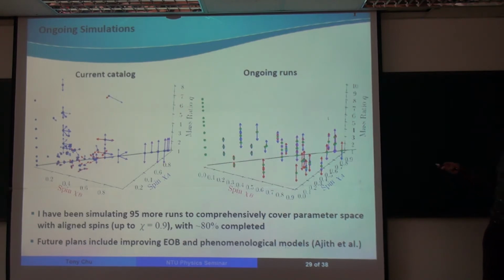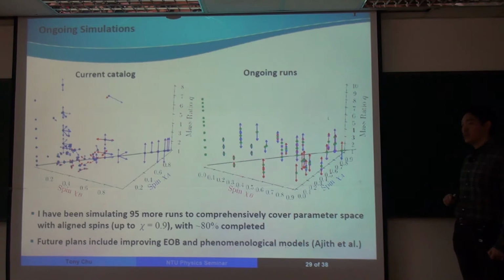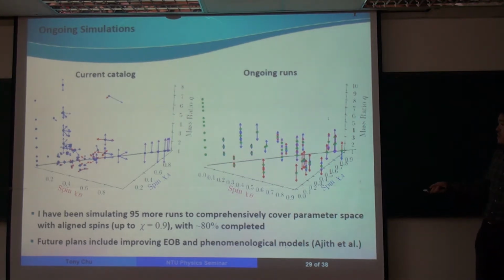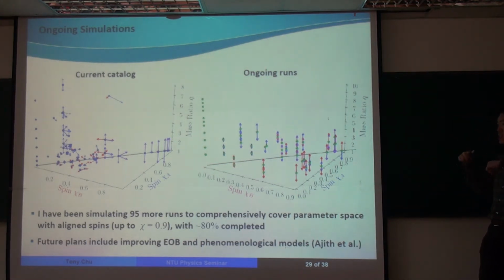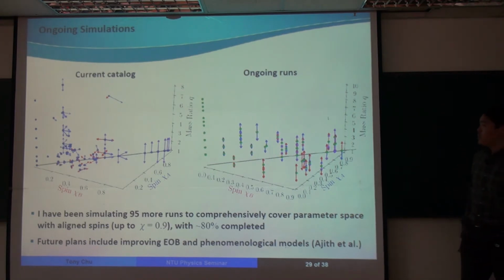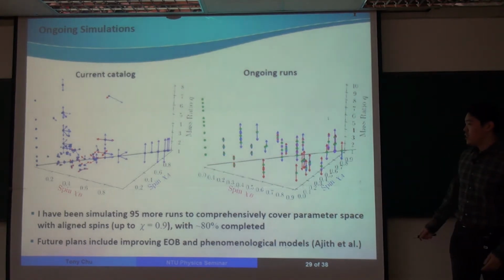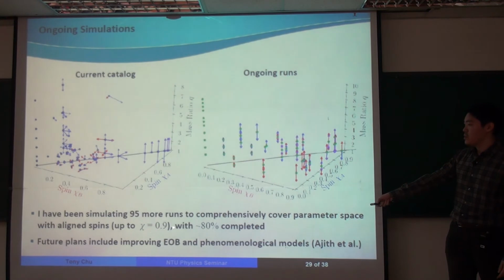These consist of 95 new simulations to extensively cover the parameter space with aligned spins or anti-aligned spins, or one aligned and one anti-aligned, to cover that space where the spins could be up to 0.9.